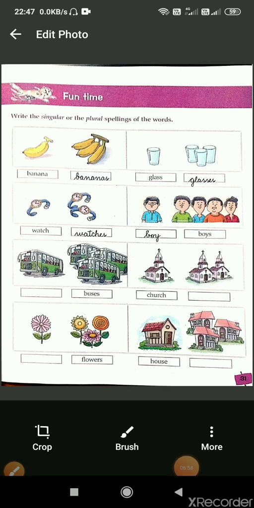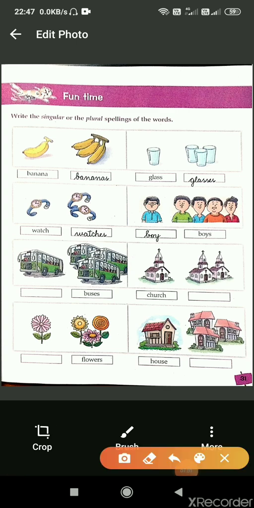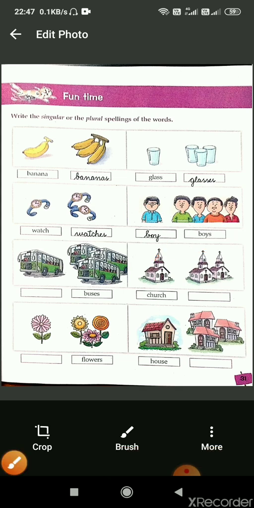In the next picture we can see already the plural form is given, boys. We have to write its singular form. That will be boy. BOY, boy. Now similarly the rest part you have to do on your own.